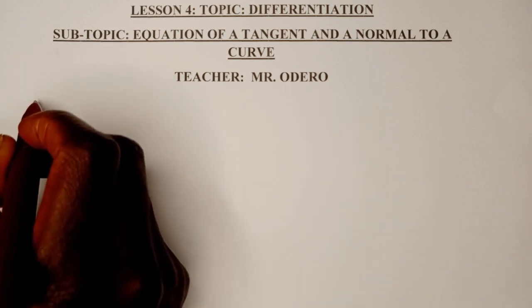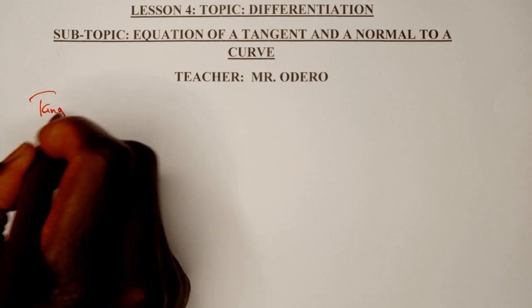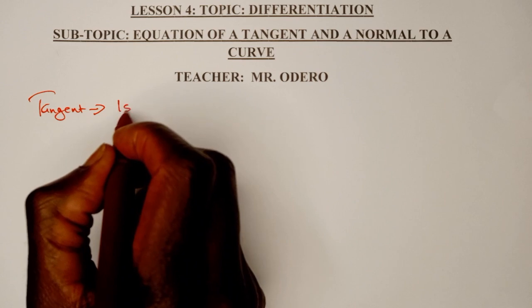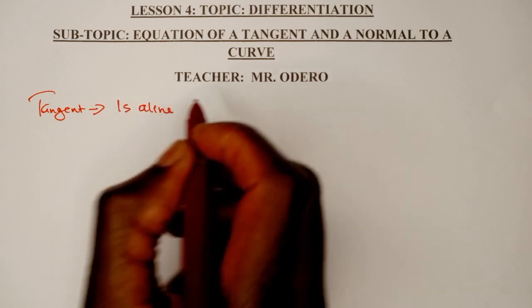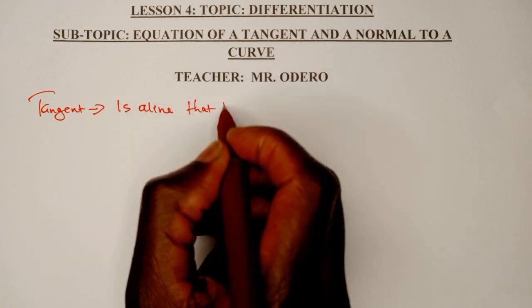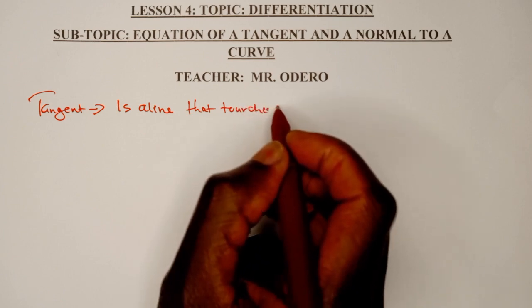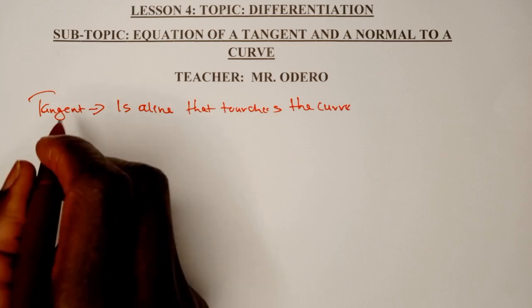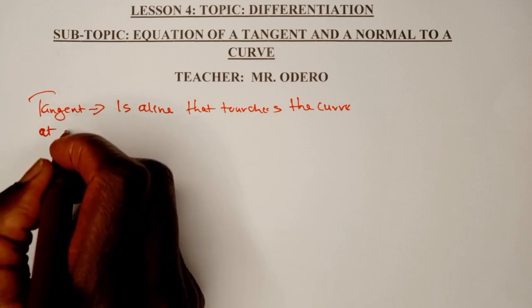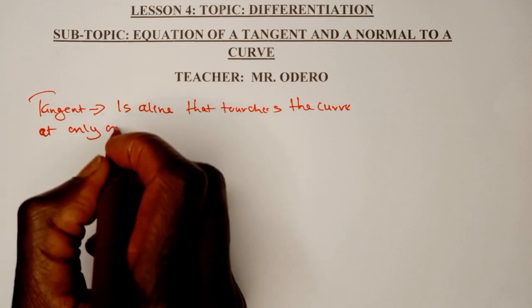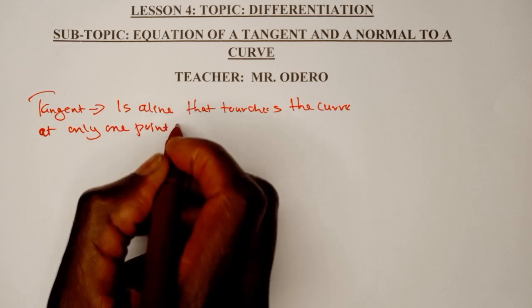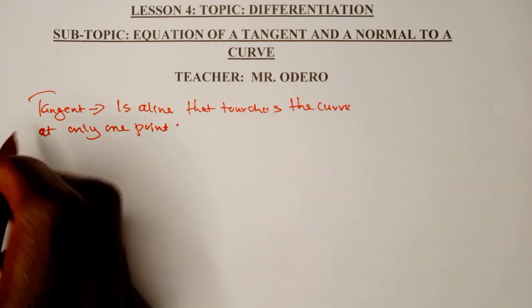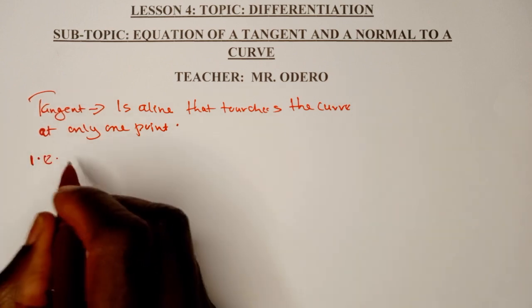So we can write this one, that tangent. A tangent is a line that touches the curve at only one point, i.e., so I'll have a sketch.